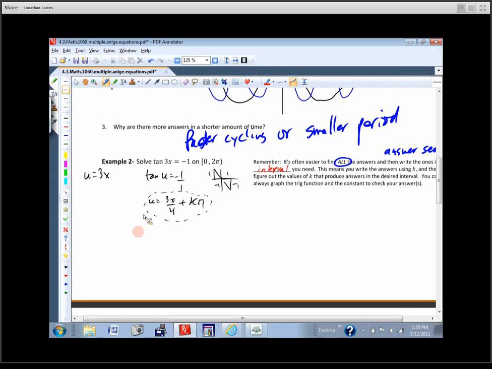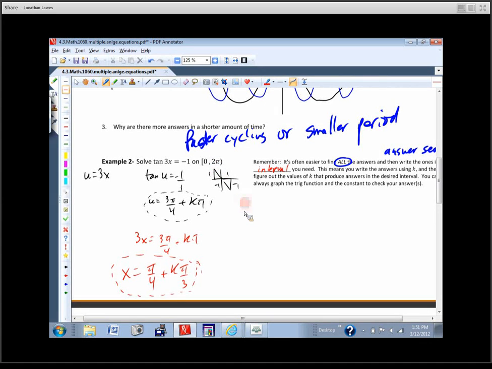Wherever there's a u, we're going to put a 3x. So this is going to be 3 pi fourths plus k pi, and then I'm going to divide by 3. So this gives me x equals, if I divide everything by 3, pi fourths plus k pi thirds. That's better because it's in terms of the variable we want, but we need to write down only the answers between 0 and 2 pi.